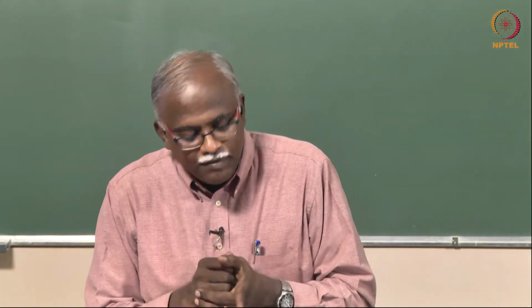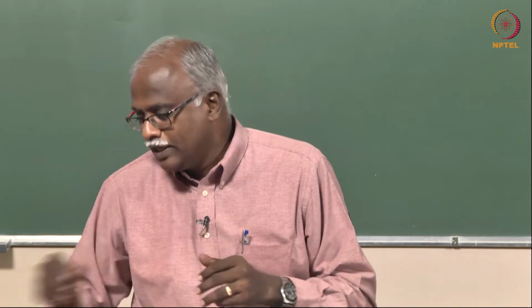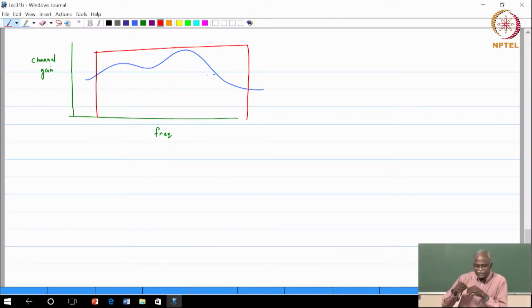Now, given this sort of scenario, the obvious intuition says, can you break this wideband signal into signals which are narrower in bandwidth? That is a visualization. So, basically I am going to say that this is the gain for this portion of the bandwidth, this is the gain for this.